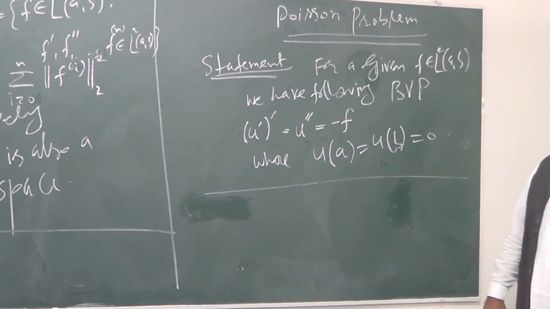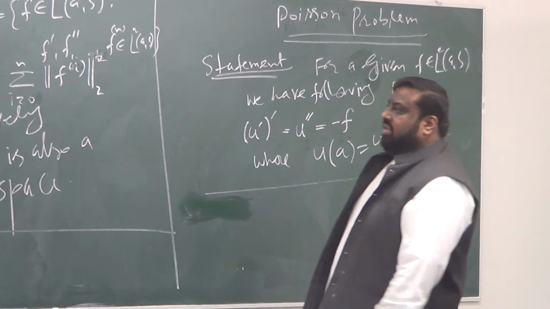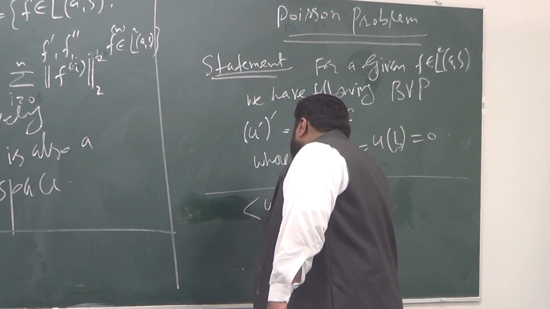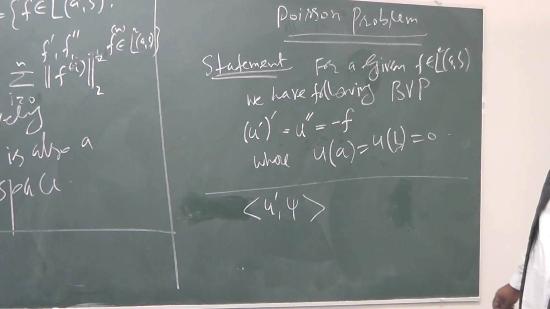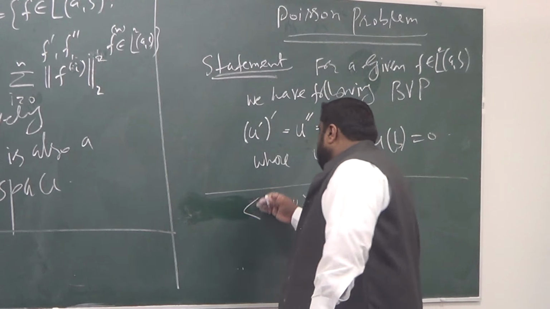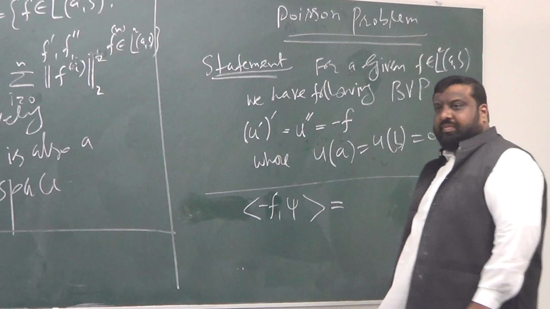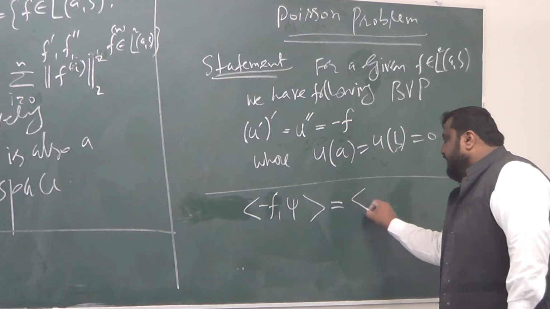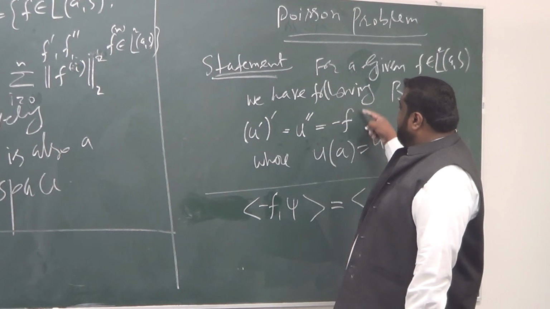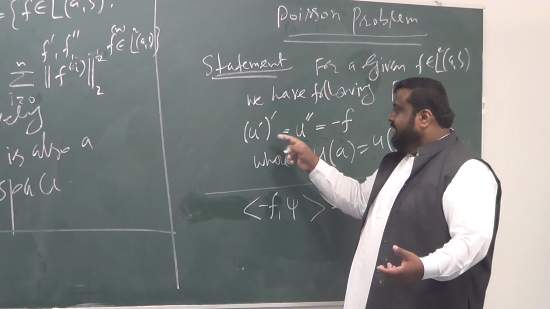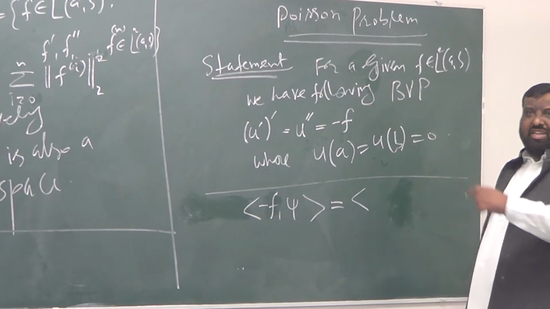So what condition must they satisfy, u prime and minus f? This minus f is like your g, and this u prime is like your f, as in the definition.